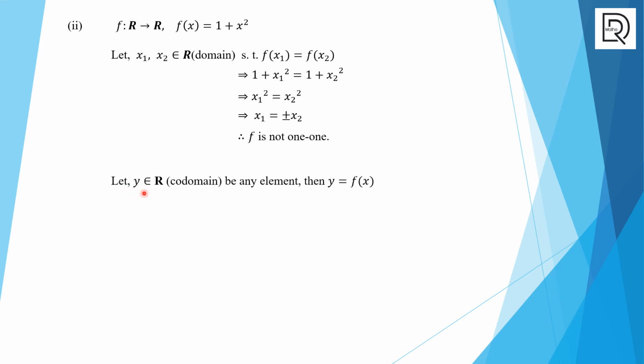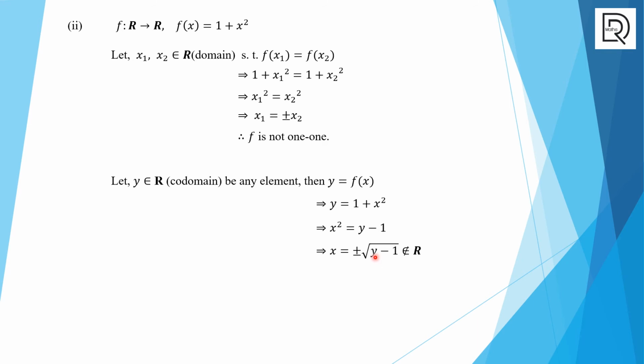Let y belong to R, the codomain, be any element. Then we can write y = f(x). So this implies y = 1 + x squared. Now we express this equation in terms of x. So this implies x squared = y - 1. So this implies x = plus or minus square root of (y - 1), and clearly this term does not belong to R for all values of y.